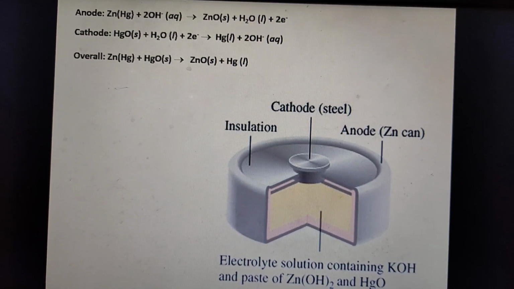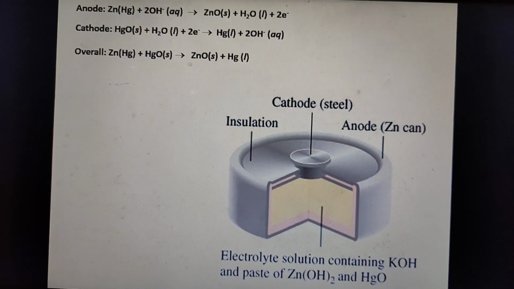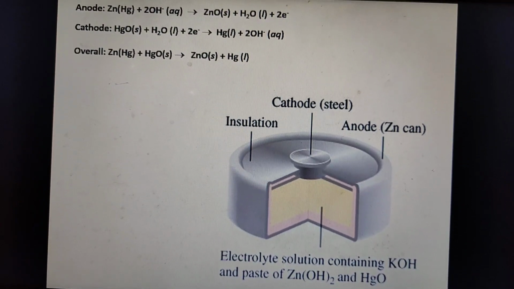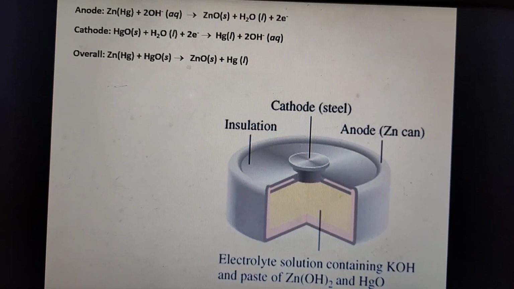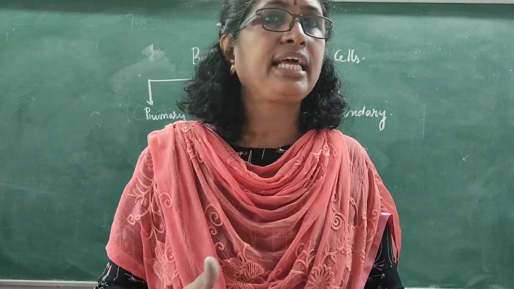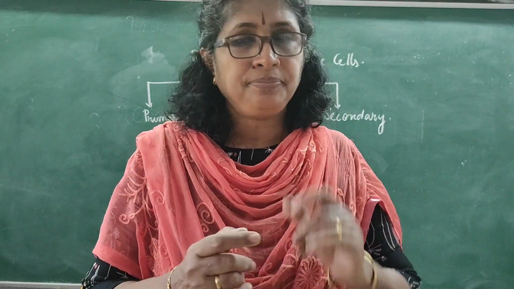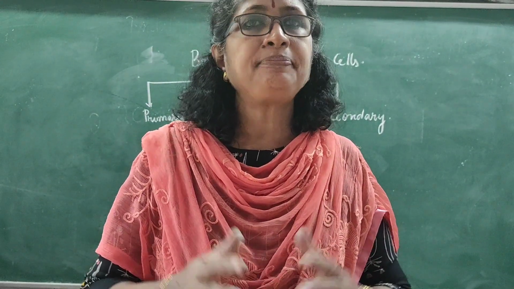Since the voltage is constant, it is usually used in hearing aids. In hearing aids, it is mainly used only because of its constant voltage. We have seen two different types of primary batteries, that is the dry cell and the button cell or mercury cell.